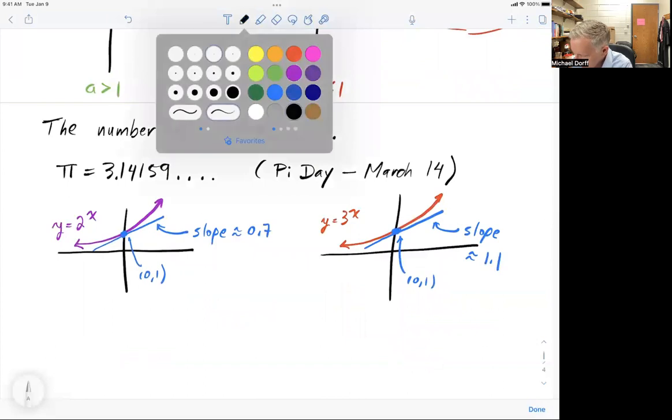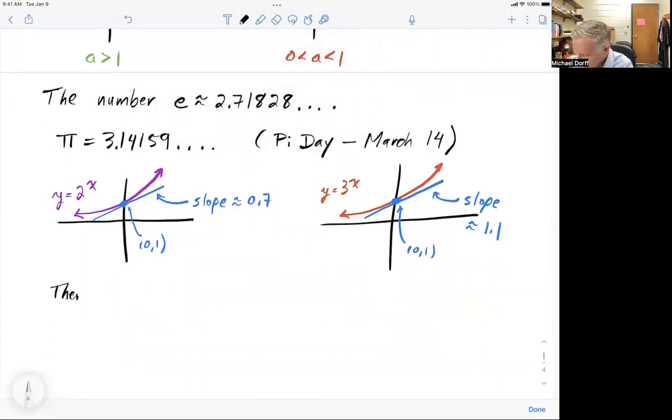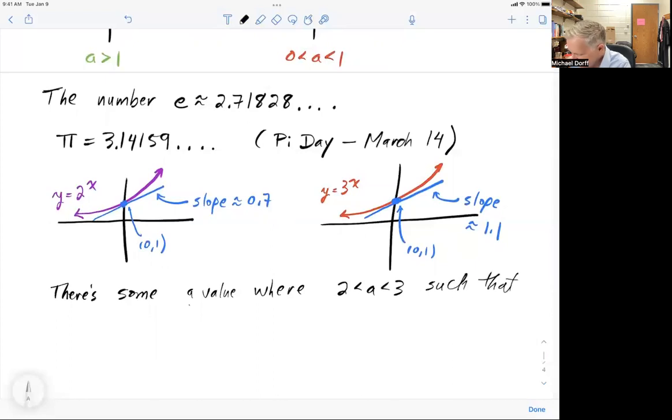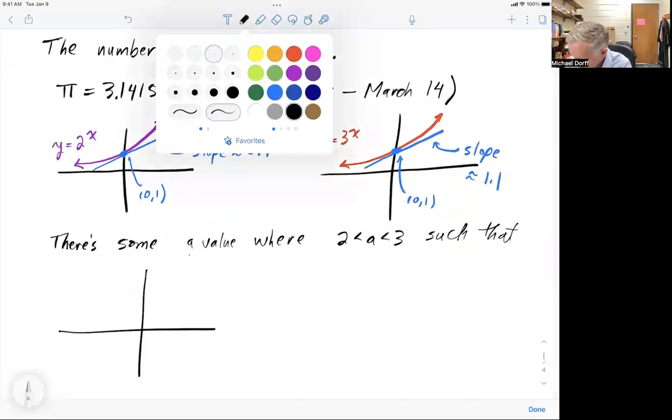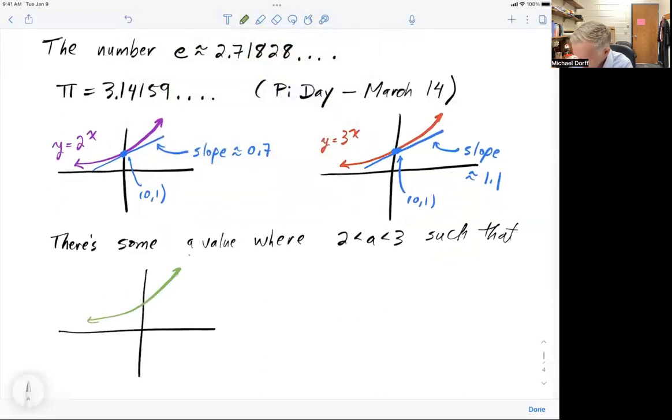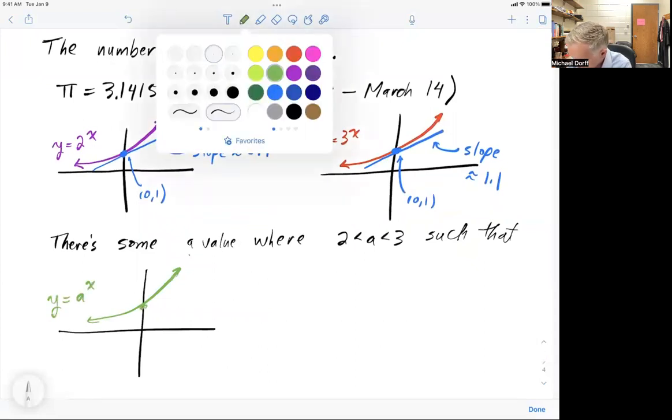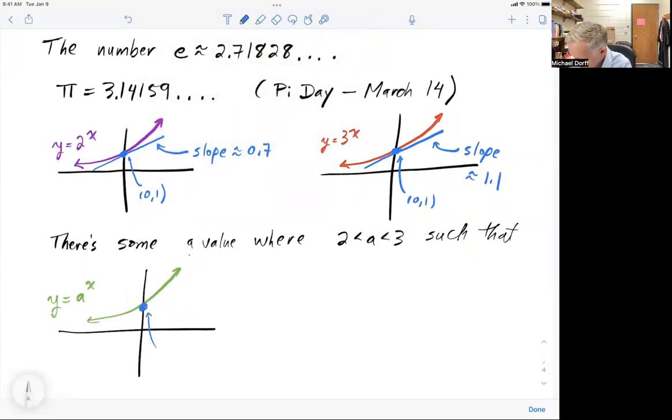And so there is some a value between 2 and 3 such that if I looked at the graph of y equals a to the x, and again looked at the point (0, 1) and the slope of that tangent line, that slope is going to equal 1.